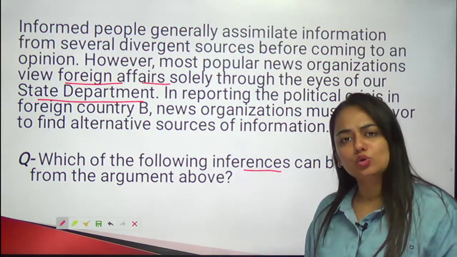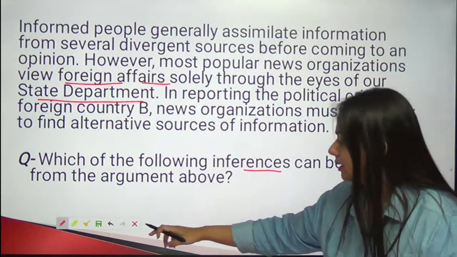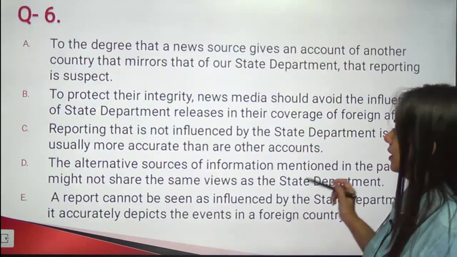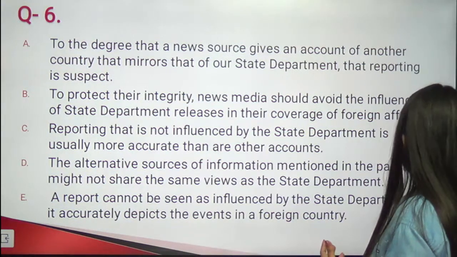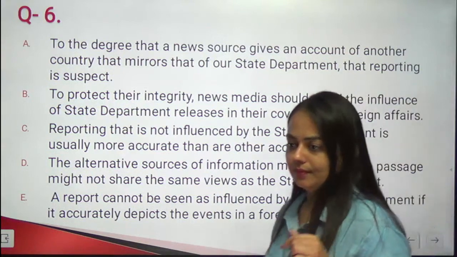इससे हम क्या conclusion निकाल सकते हैं? एक ऐसा conclusion यहाँ पे जो दिया ना हो. Let us understand this. So these are the options. Let us see who's going to answer this one. I'm going to give you 30 seconds for this.